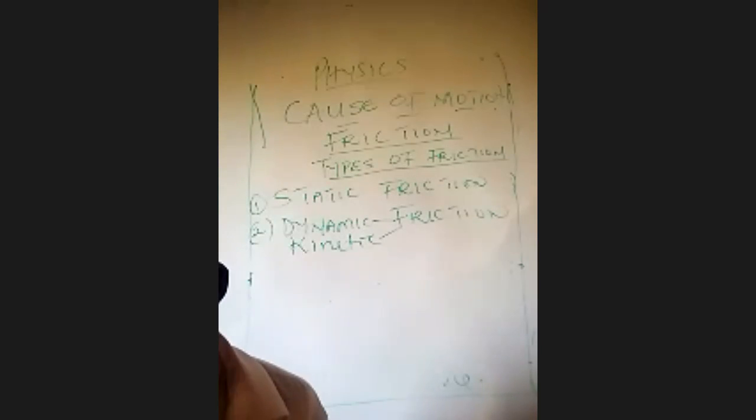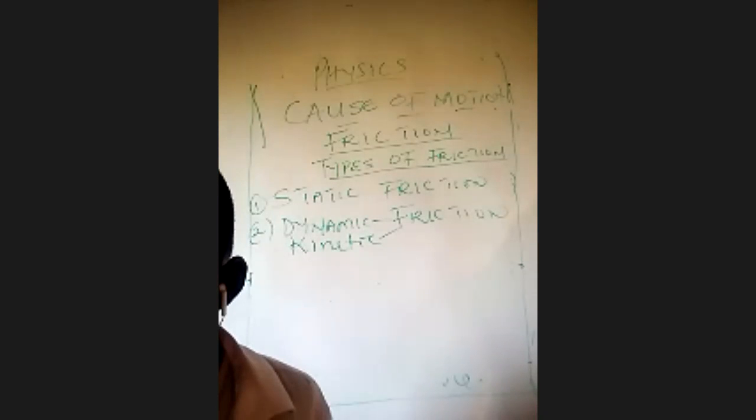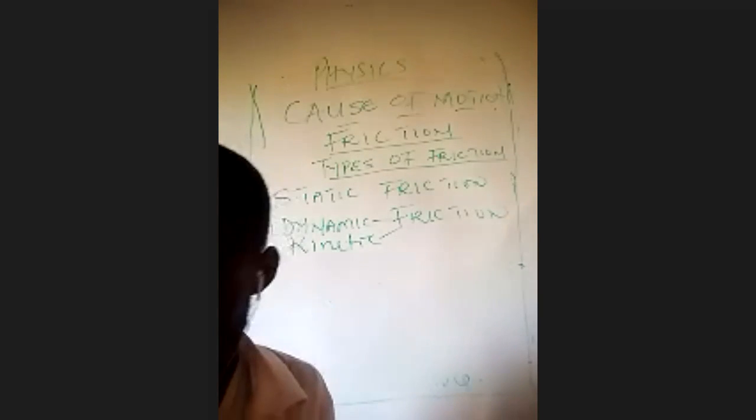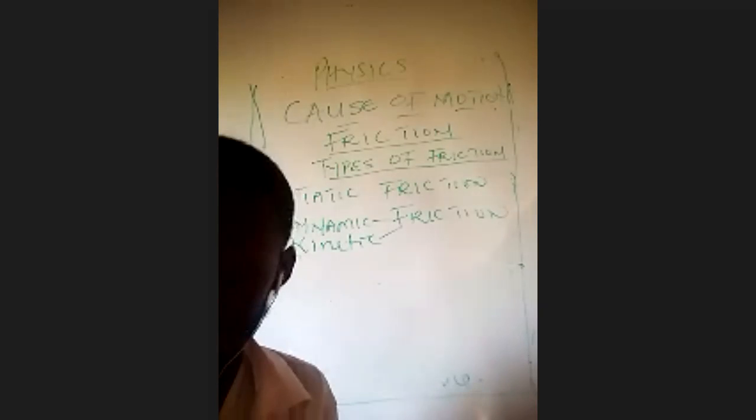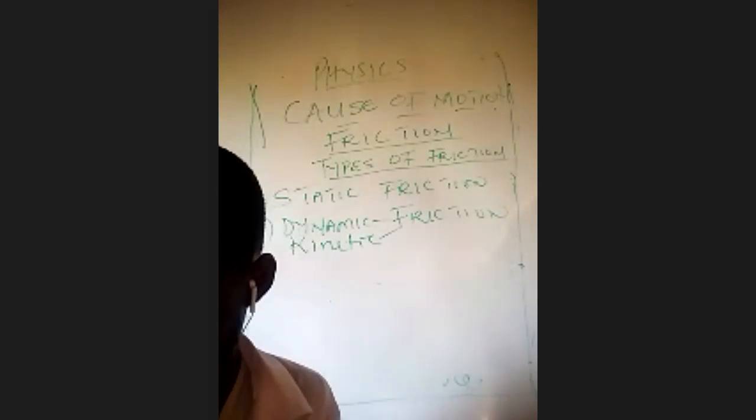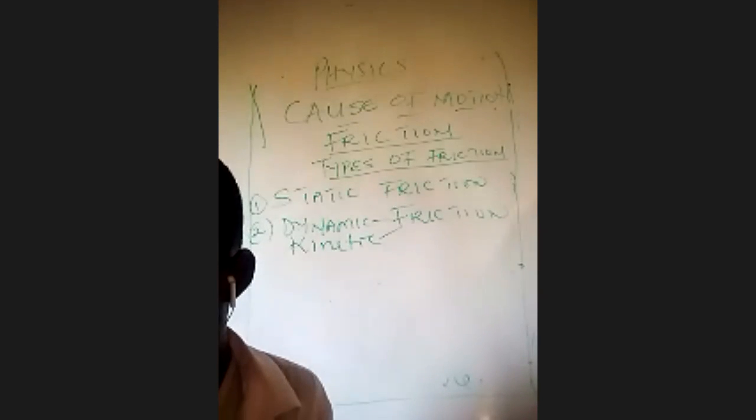That is friction. We explained what friction is, and we looked into the types of friction, which are static and dynamic friction. We say static friction is the maximum force that must be overcome before a body can just start to move over another.